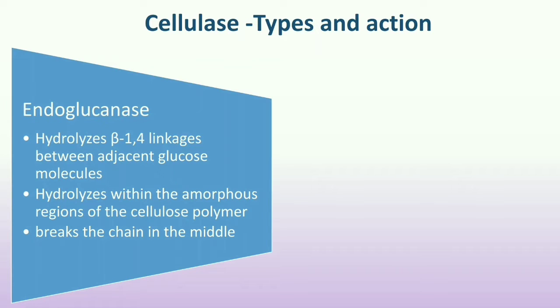Endoglucanases are the enzymes which bring about hydrolysis of beta-1,4 linkage between adjacent glucose molecules. These endoglucanases are known to hydrolyze the cellulose from within the amorphous region of the cellulose polymer. Due to this, it breaks the chain in the middle.